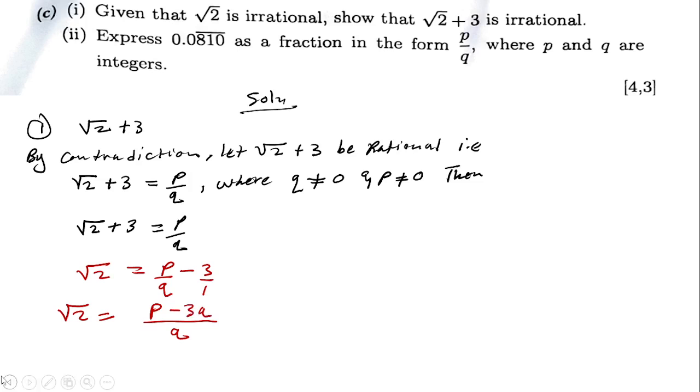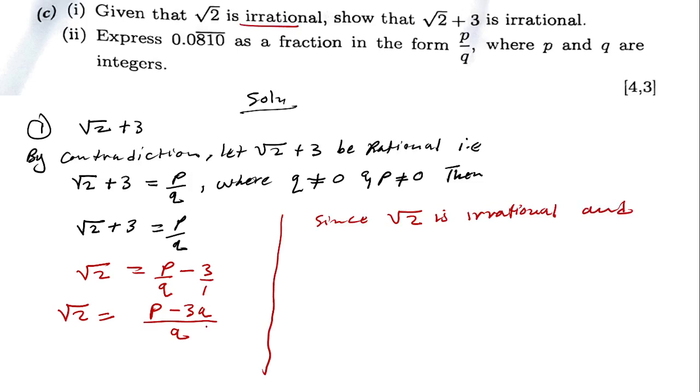Now, you have to write the following. Since square root 2 is irrational, that is coming from the statement here. And P minus 3Q over Q is a fraction, so it is rational.